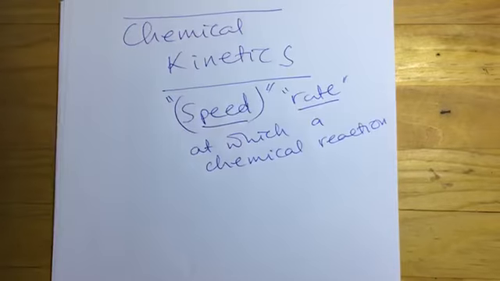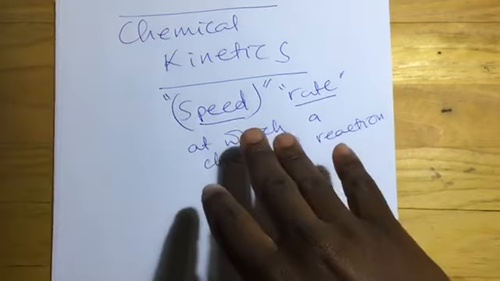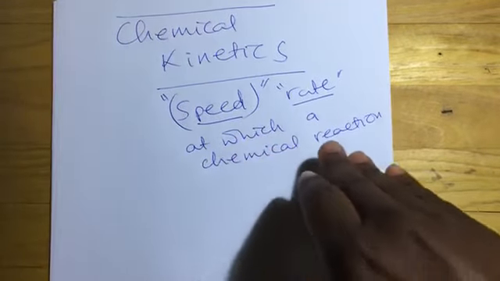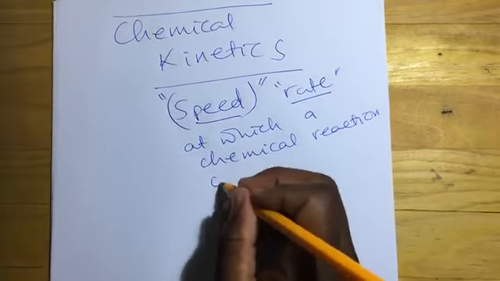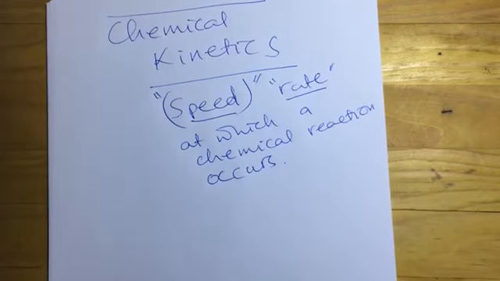Caster, hi. So in chemical kinetics, we're basically looking at the speed or rate at which a chemical reaction occurs. Under chemical kinetics, what are we going to have?